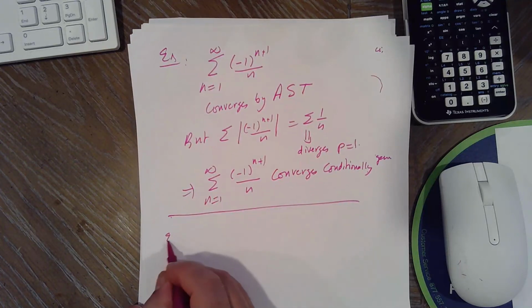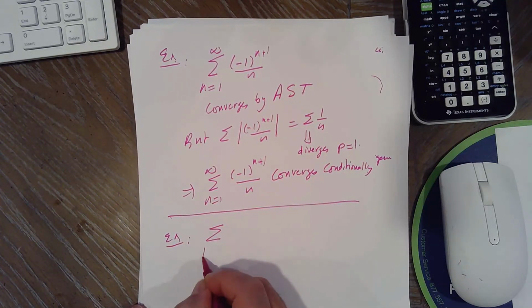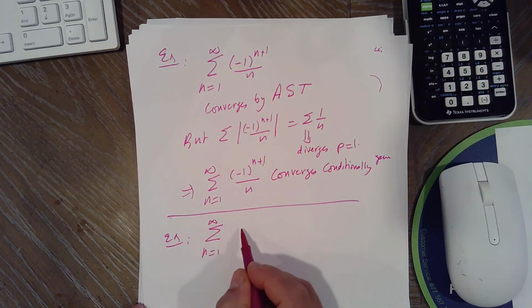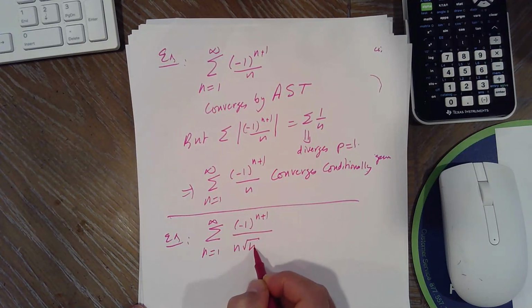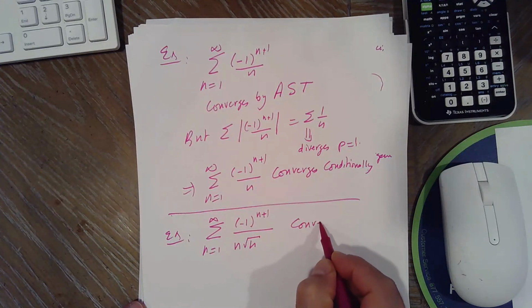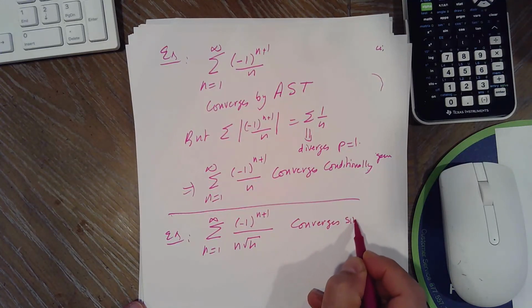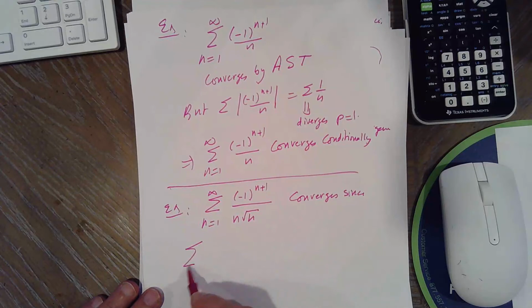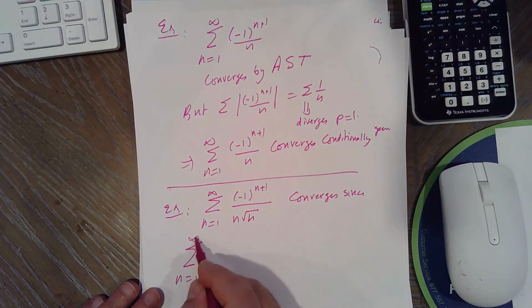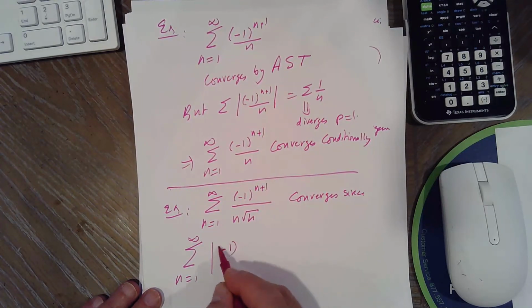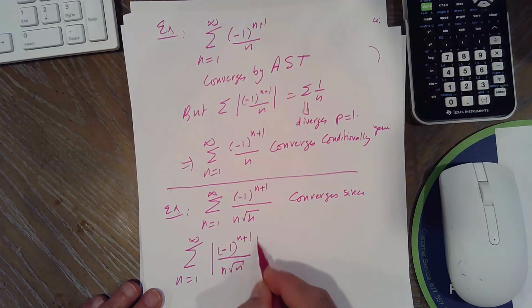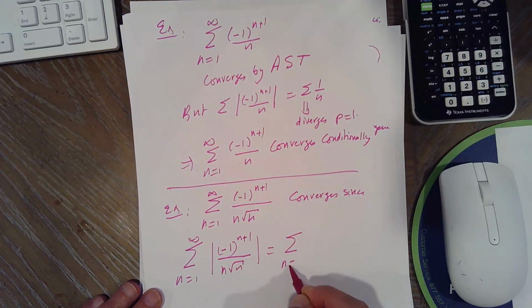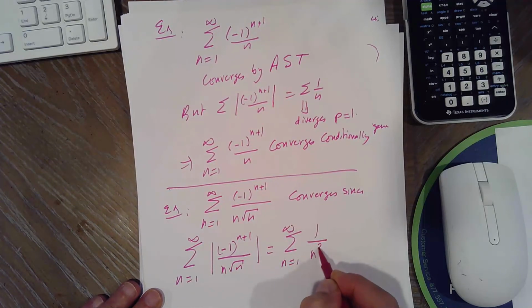Here's another example. Sigma n equals 1 to infinity, negative 1 to the n plus 1 over n root n. This converges since if you do the sum of absolute terms, it's the sum from 1 to infinity of 1 over n to the 3 halves.